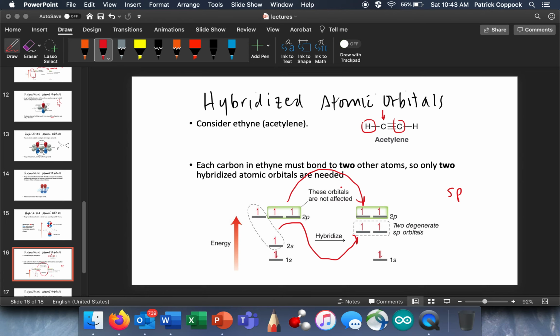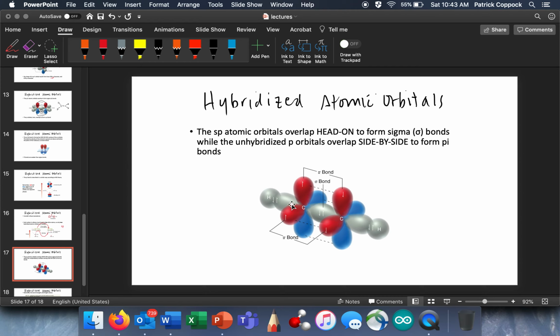So what's that going to look like? Well, the hybridized orbitals are here, here, and here, right? I was only looking at one carbon at a time, so I had an sp hybridized orbital over here, and an sp hybridized orbital over here, and these two mix to make another sigma bond, right?